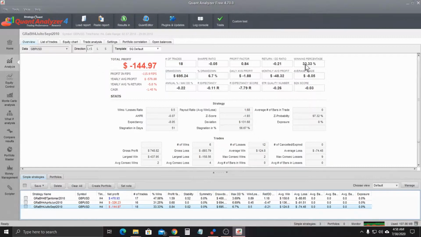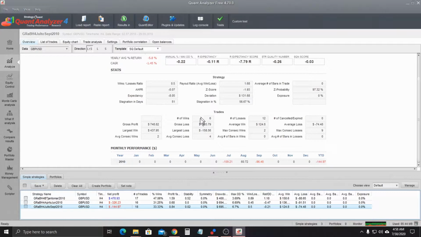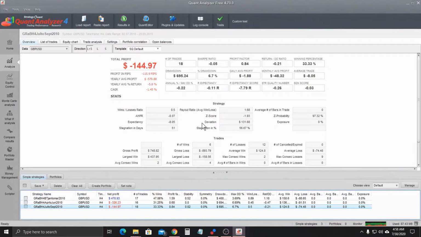Profit factor 0.84, 33. Daily, monthly. Expectancy. And that's about it for this phase. Minus 144.97.